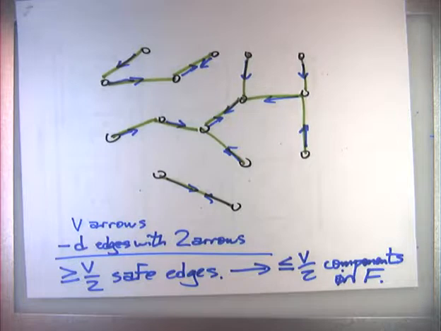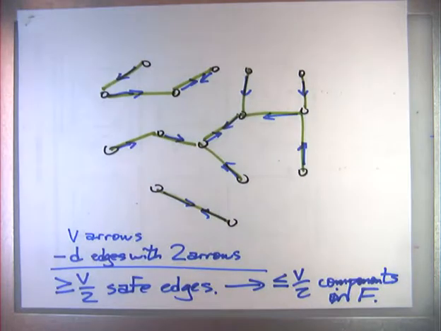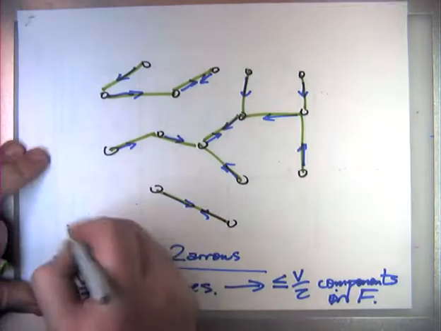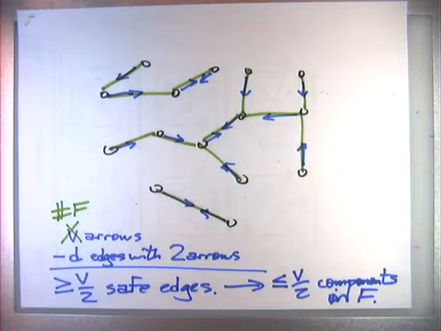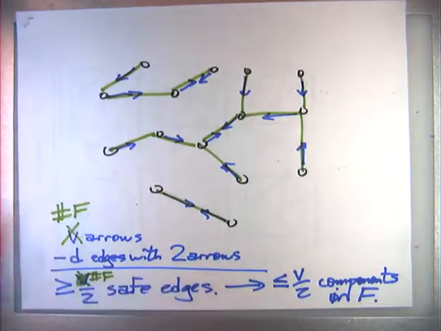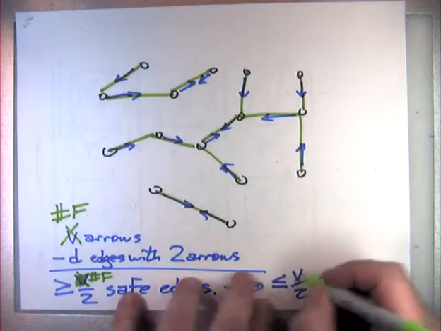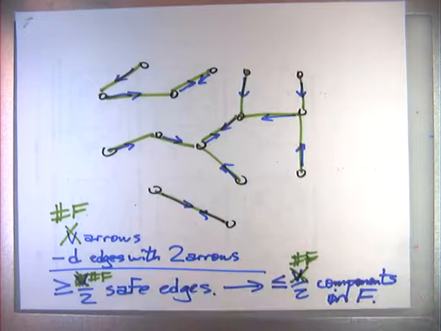If I'm in the middle of the algorithm, the number of arrows that I'm going to add is however many components there are in F. And so the number of edges that I'm going to add is going to be at least half of that, which means every iteration is going to reduce the number of components in F by at least a factor of 2.